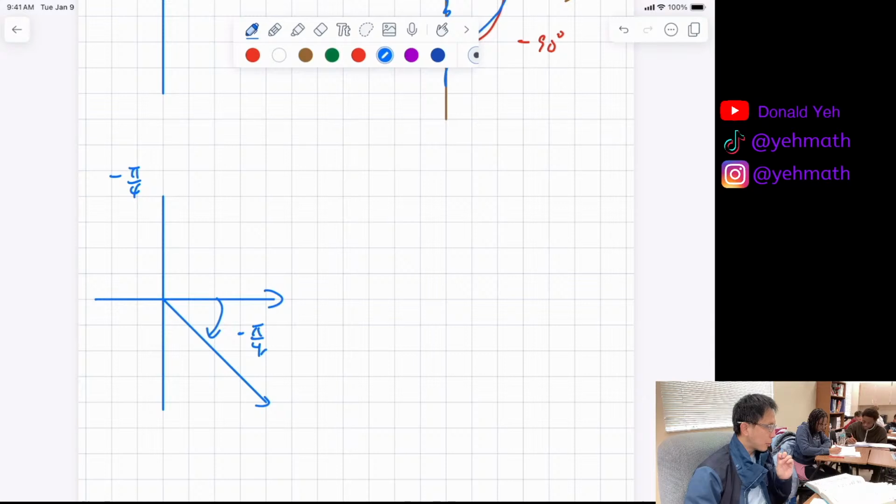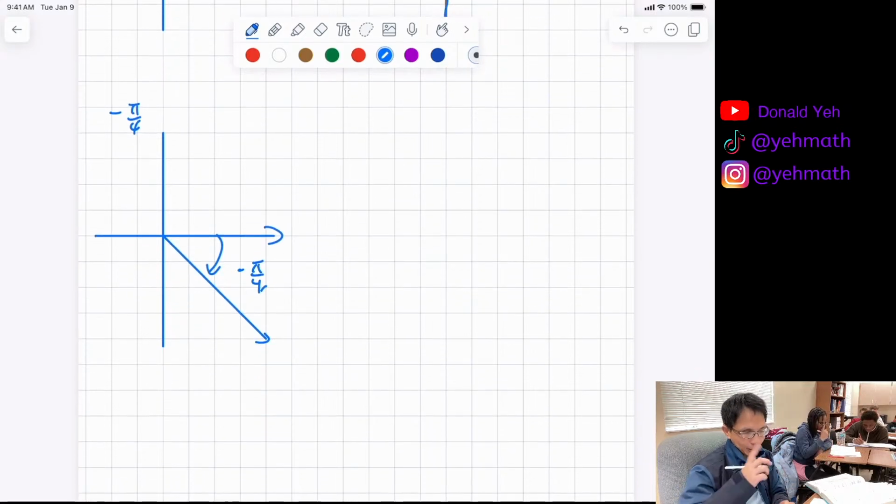Next, I'm going to talk about two types of angle. One is the coterminal angle, and one is the reference angle. But before that, I'm going to do one more. How about 9 pi over 4?